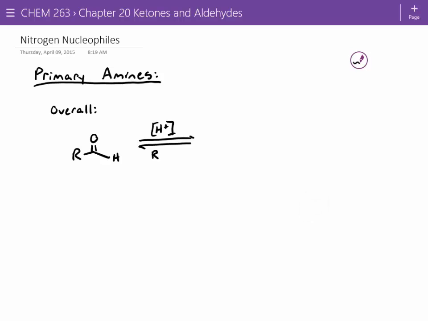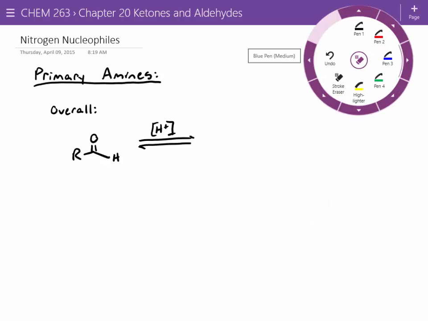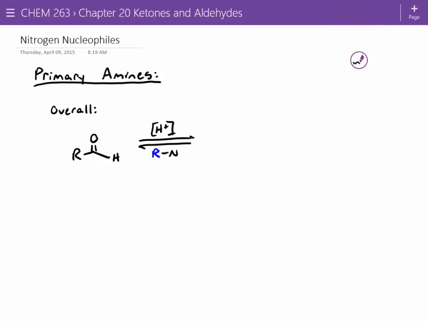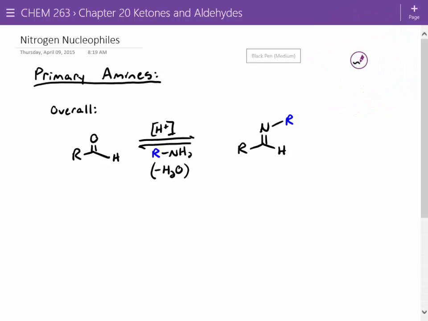You can react this with a primary amine, and you can remove water from this reaction. And when you do this, you form a new functional group. And this is called an imine, starting with an I, so I-M-I-N-E.